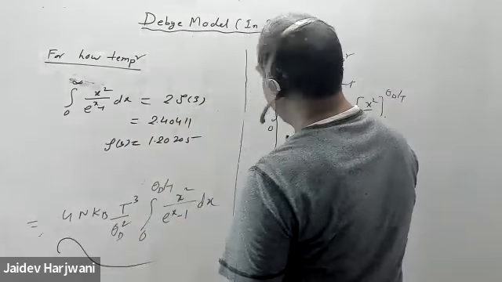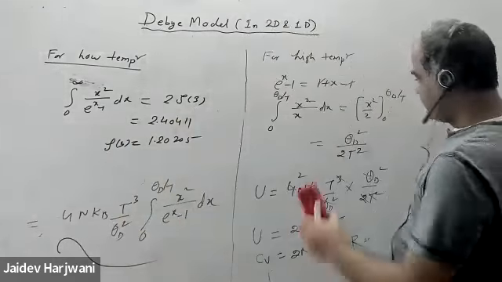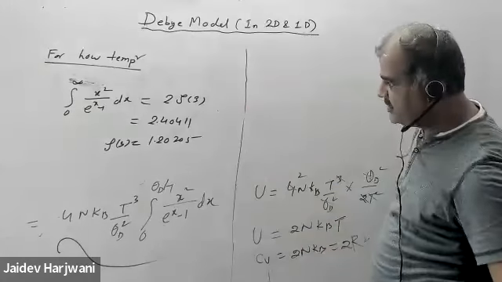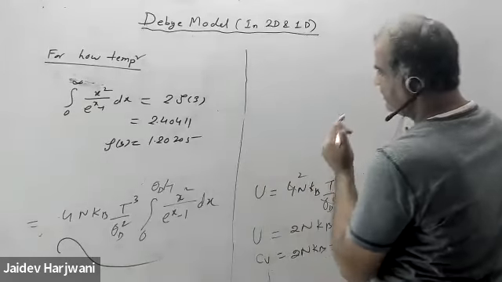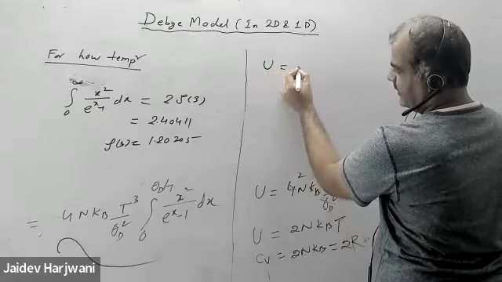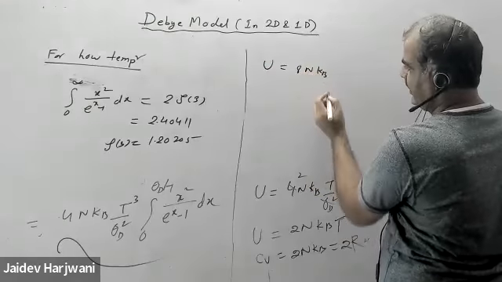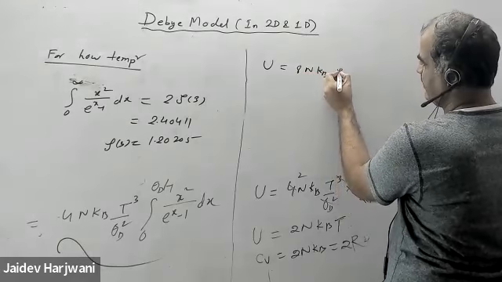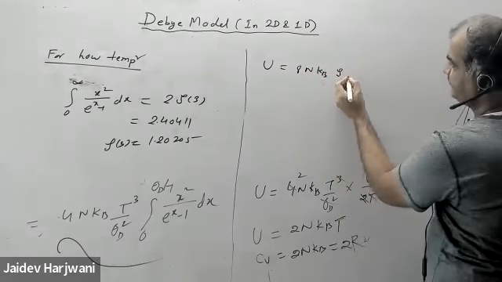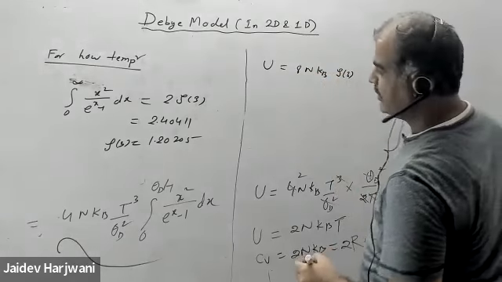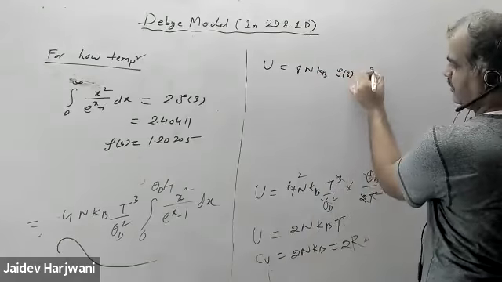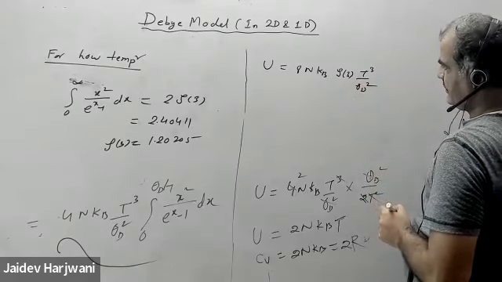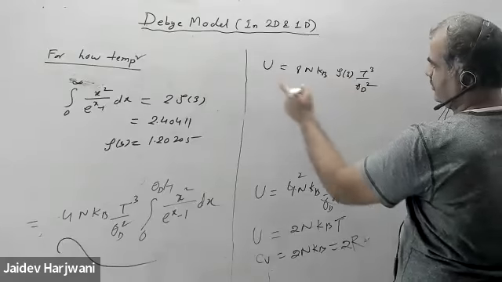And you can calculate total energy at low temperature. So if I want to calculate total energy at low temperature, U will become 8n kB, zeta 3, T cube upon theta D square. This is your value of total energy.